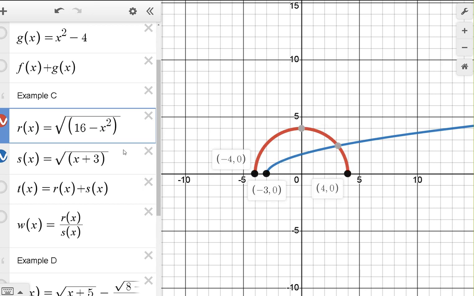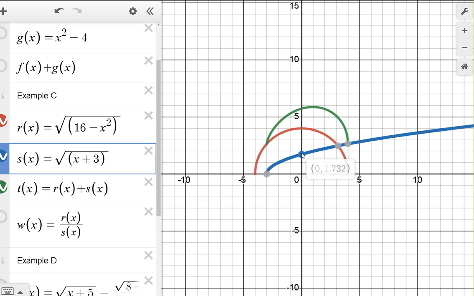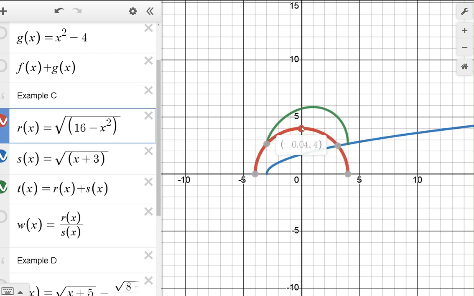And so when I turn on the function t of x, which is really the sum of both of these two, it should only be defined in the interval -3 to 4. And let's see that that's true. There you go. So this function is really obtained by adding points. If you take this point here, which looks like the square root of 3, and add it to this point here, which is 4, square root of 3 plus 4 should be about 5.732.